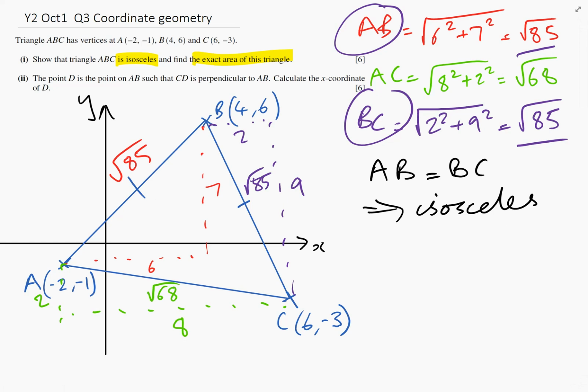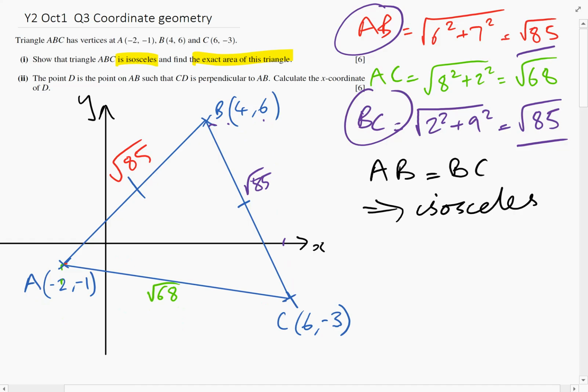I think in this question you could certainly use the cosine rule, find one of the angles, and then use a half AB sine C. But let's try doing it by splitting this up into two right angle triangles, or just finding the perpendicular height really.